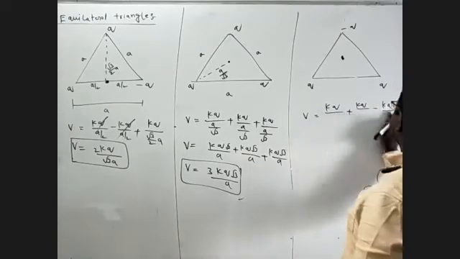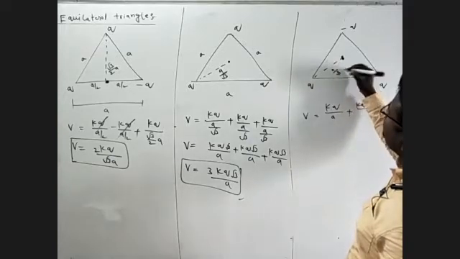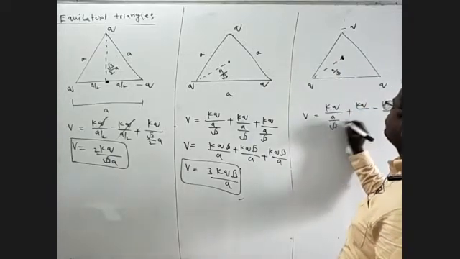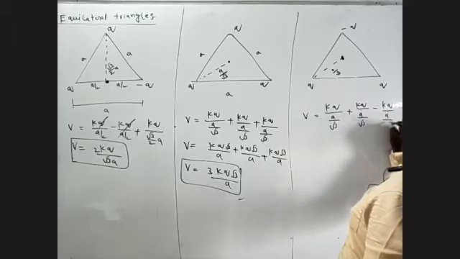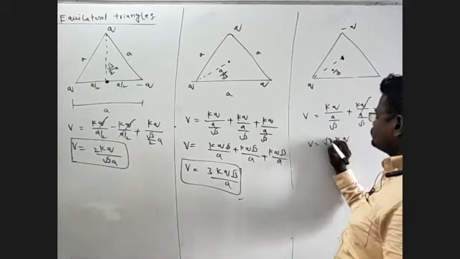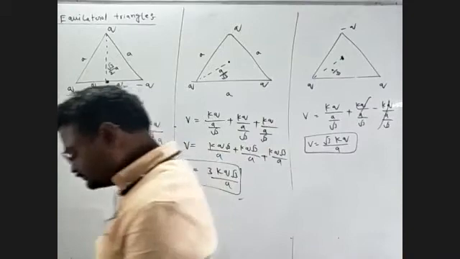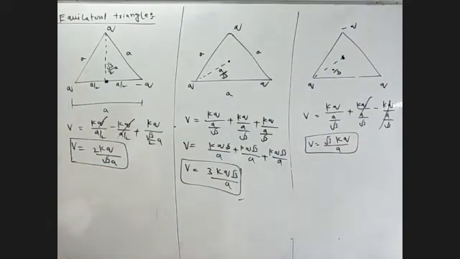The distance from here to here is a by root 3, and these cancel each other. You are getting kQ root 3 by a. That is your answer.